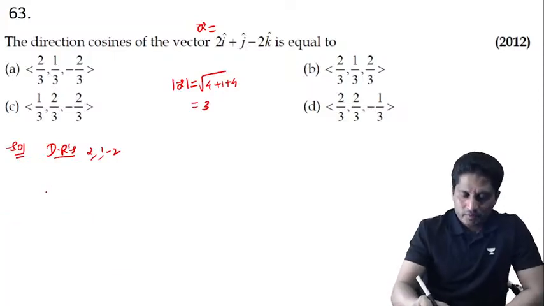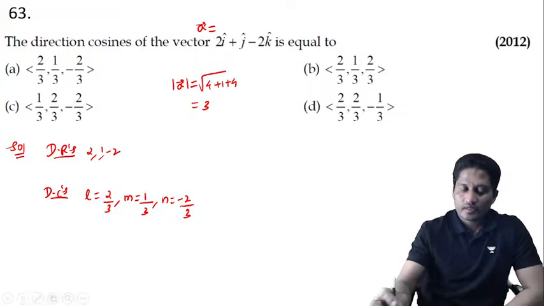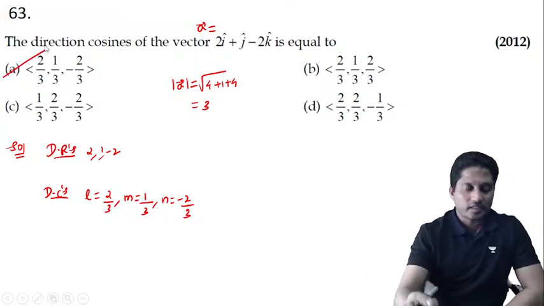And then direction cosines: l is equal to 2 divided by 3, m is equal to 1 divided by 3, and n is equal to minus 2 by 3. 2 by 3, 1 by 3, minus 2 by 3. Answer is option A.